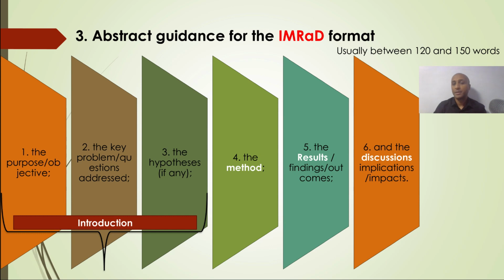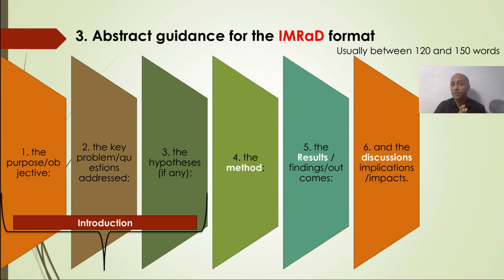An abstract is usually between 120 and 150 words, but that will depend on the journal's policy of redaction. The full paper's structure can be used for the IMRaD format abstract. The methods, results, and discussion are presented in one or two paragraphs after the introduction.